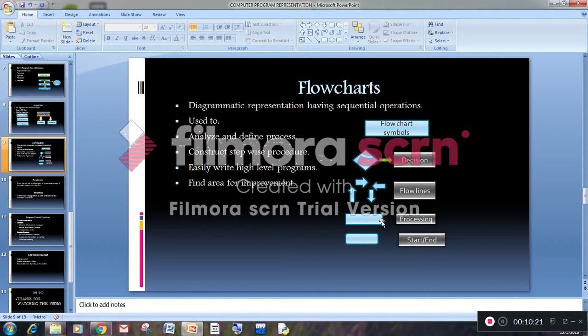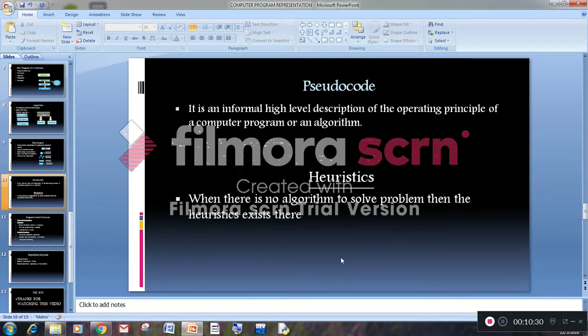And this rounded shape is used for the starting or ending of a program. Pseudocode is an informal, high-level description of the operating principle of a computer program or an algorithm.